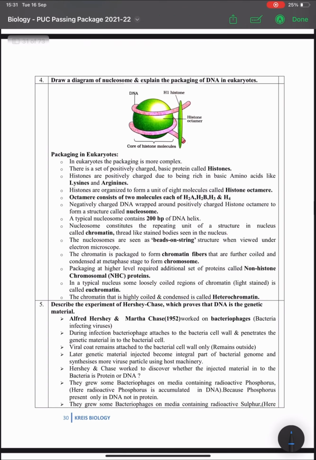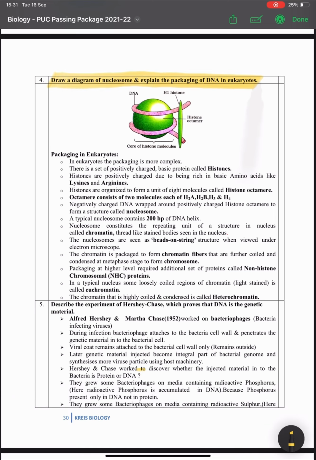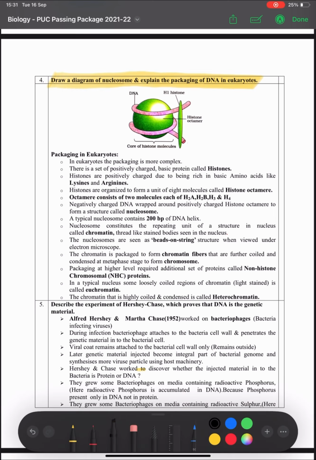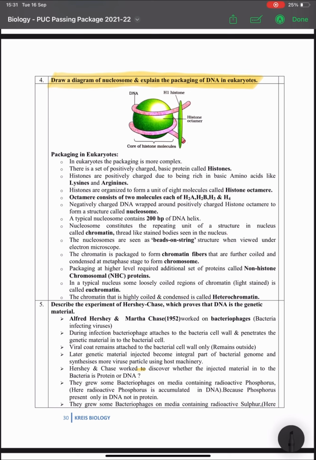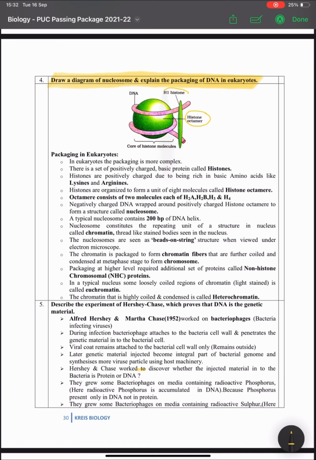Next one, draw a diagram of a nucleosome and explain the packaging of DNA in eukaryotes. So this is a typical structure of a nucleosome. The nucleosome is mainly made up of two different components, one is a histone octamer and the other is DNA. Histones are positively charged, whereas DNA is negatively charged.